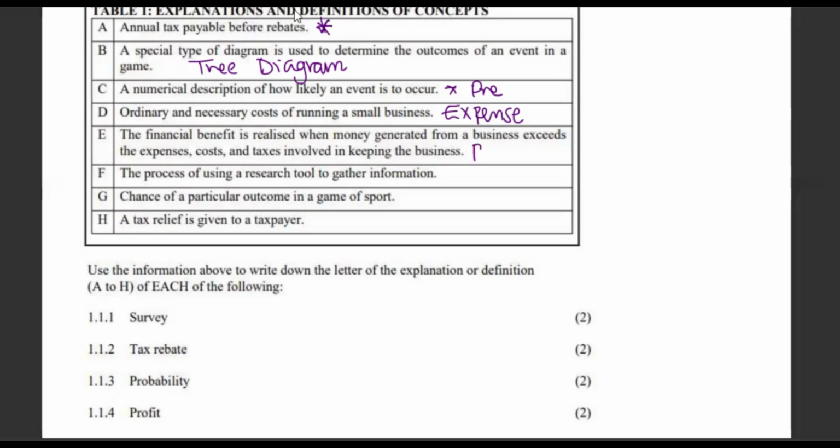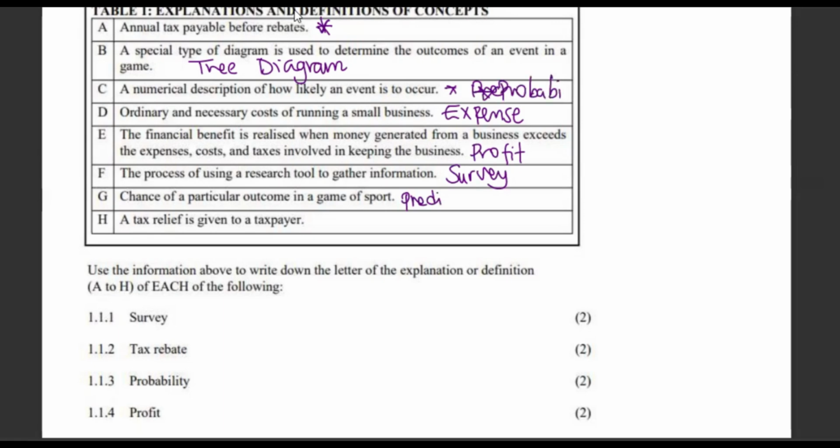Yeah, this is a gain, this is profit. The moment the money that has been generated is more than expenses, you've made a profit, you've made a gain. Then the process of using a research tool to gather information. This one, it's a survey. A chance of a particular outcome of a game or sport. Yeah, this could be prediction. And this one here becomes what? Probability.